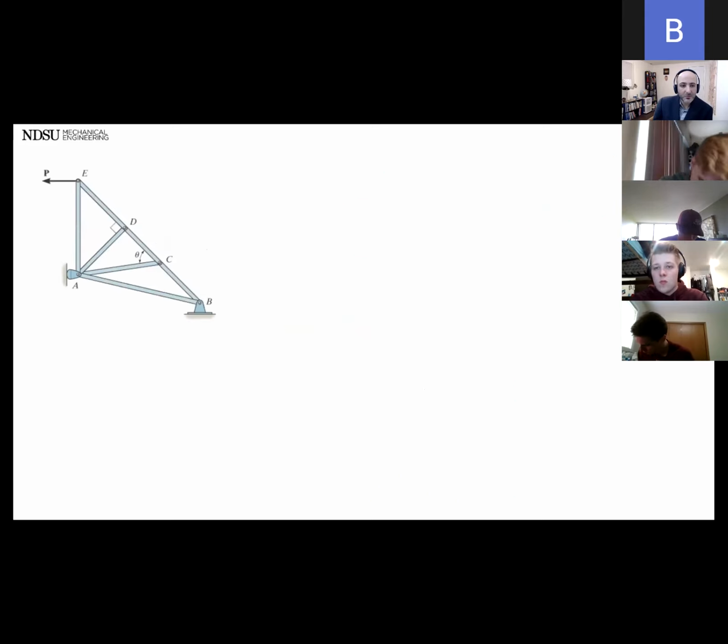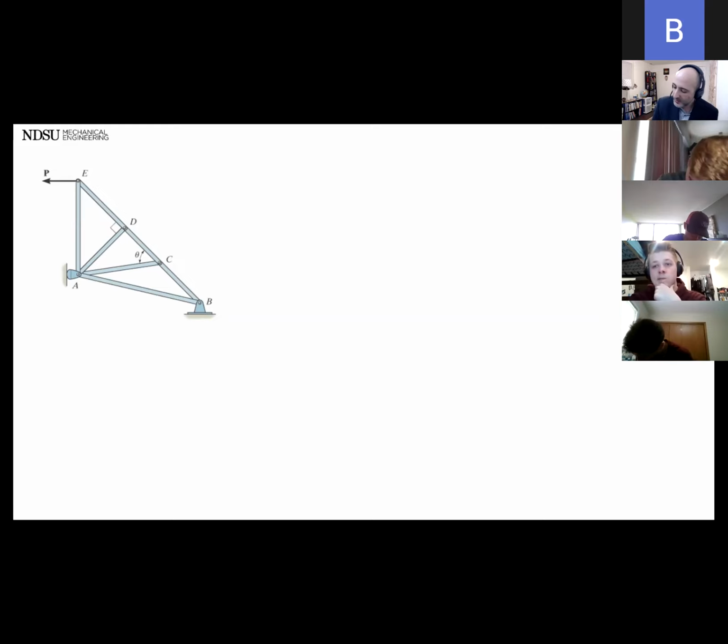Let's look at this problem. First, let's figure out if it's a truss or a frame. It looks like a truss. Every force that I see, which is only force P, is applied at the end, at the joint. There is no member pinned in the middle, so they're all pinned at the end. So it is a truss.